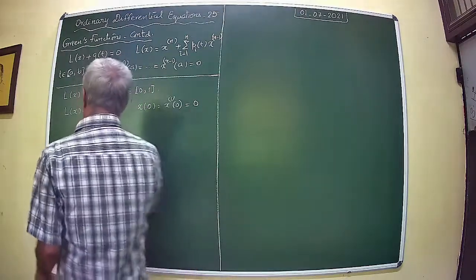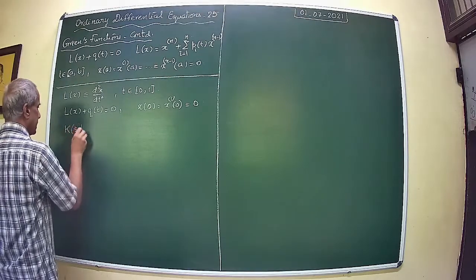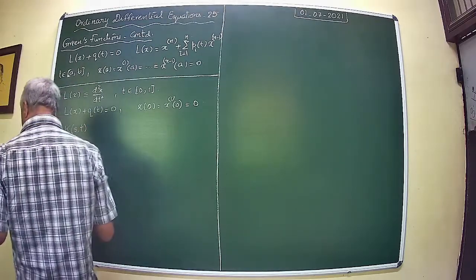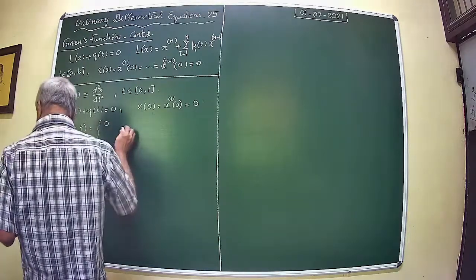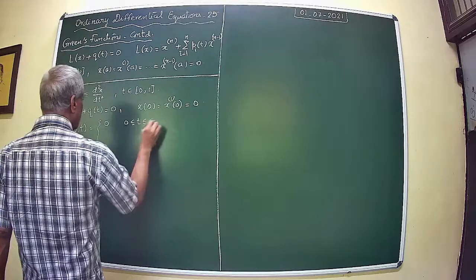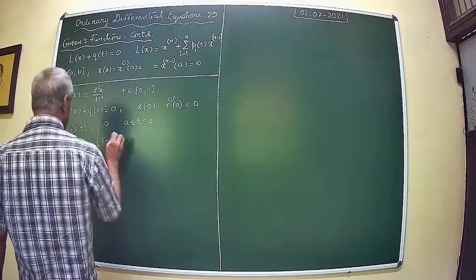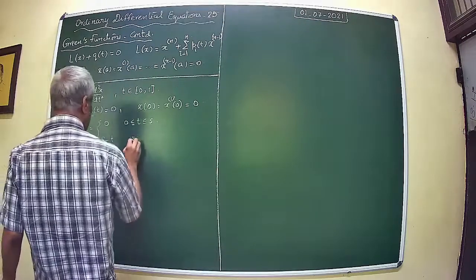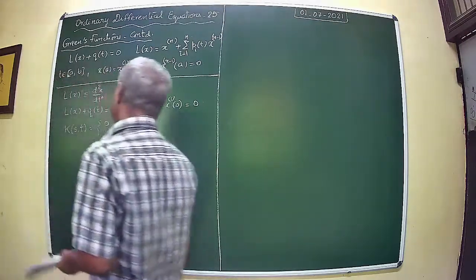So the solution we have obtained, or the Green's function we have obtained, was this: A(s,t) equal to 0 for s greater than t, and this is equal to s minus t otherwise.